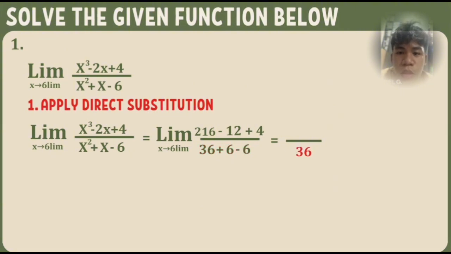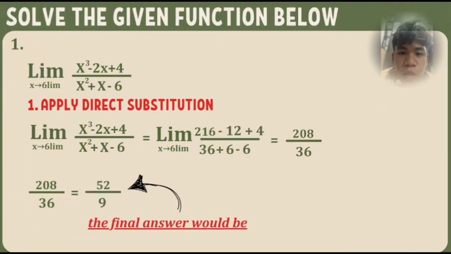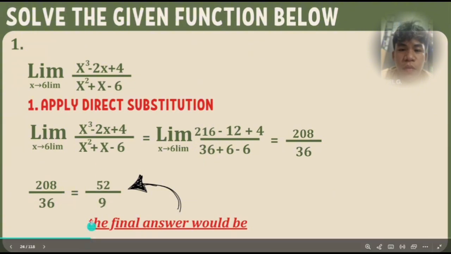Then 216 minus 12 is equal to 204, plus 4 is equal to 208. That is not the final answer. The final answer is 52 over 9. This is the final answer because this is the lowest term of 208 over 36, and the lowest term of it is 52 over 9.